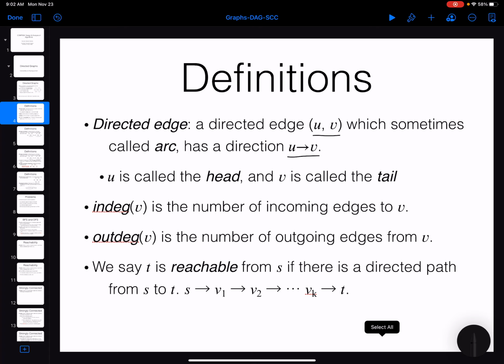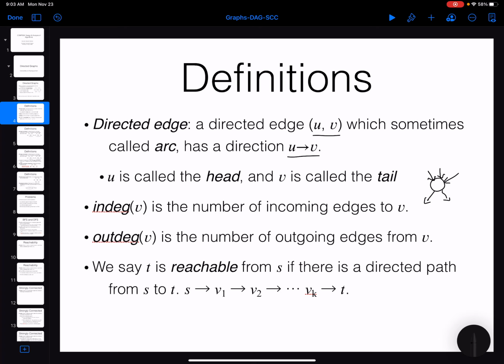The number of edges that are coming to this node, that this node is the head of, is the in degree. For a node like this one, the in degree is 3, the number of edges coming to this node, and the out degree is the number of edges going out of the node or vertex.